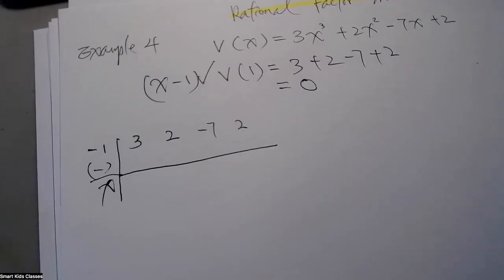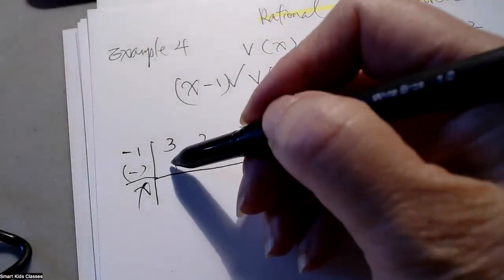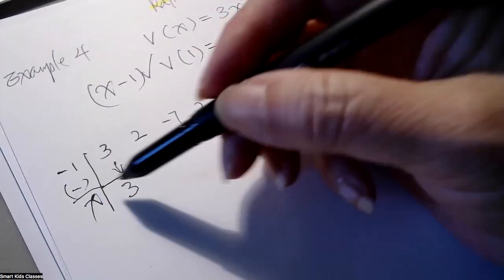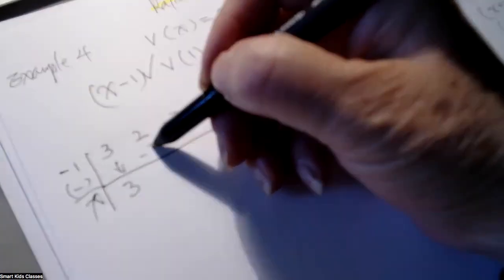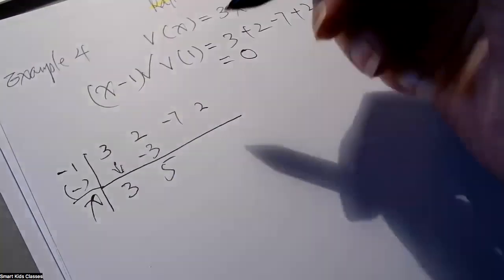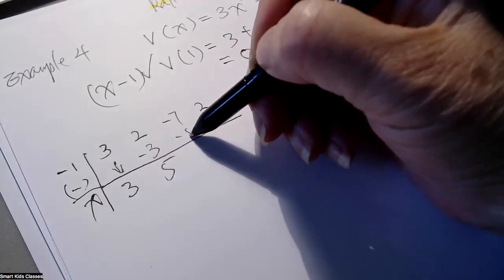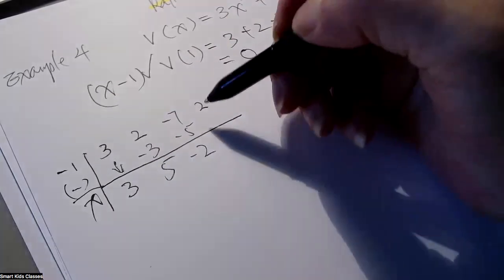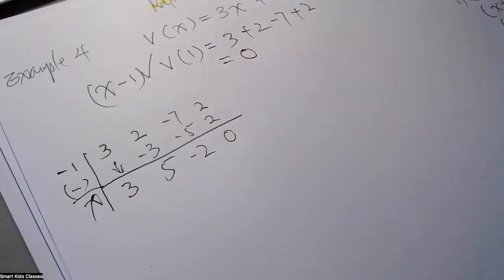So we write all the coefficients here. The first number, bring it down. Then 1 times 3, we get 3. So 2 plus 3, we get 5. Times 1, we get 5. And then we get negative 2. And then we get a positive 2 and 0.